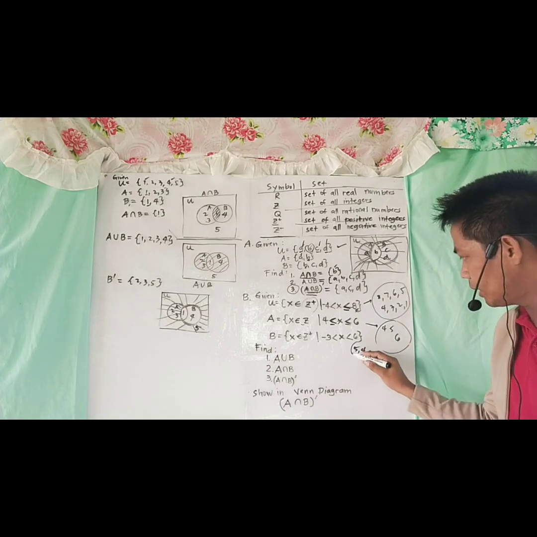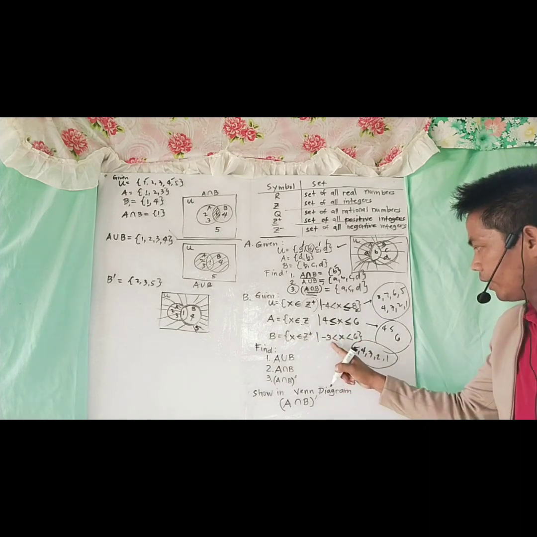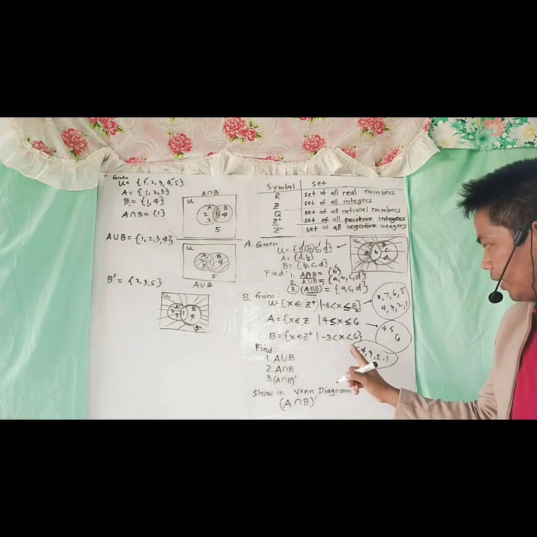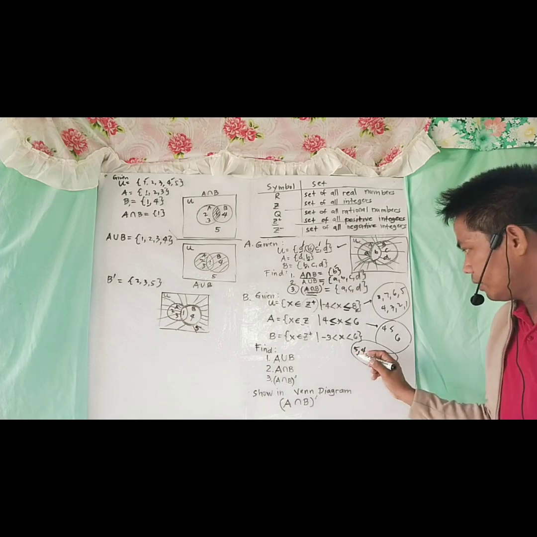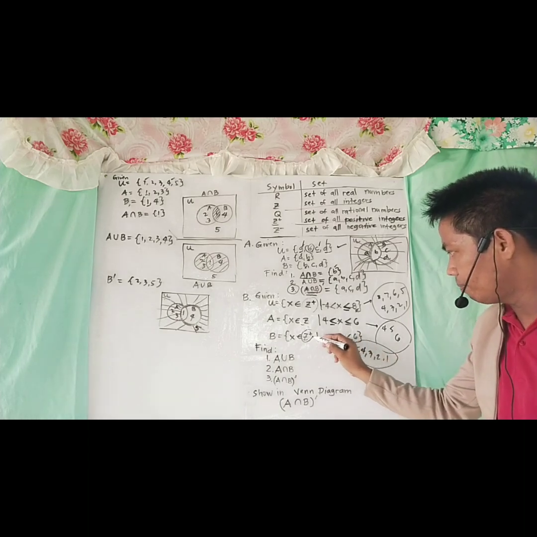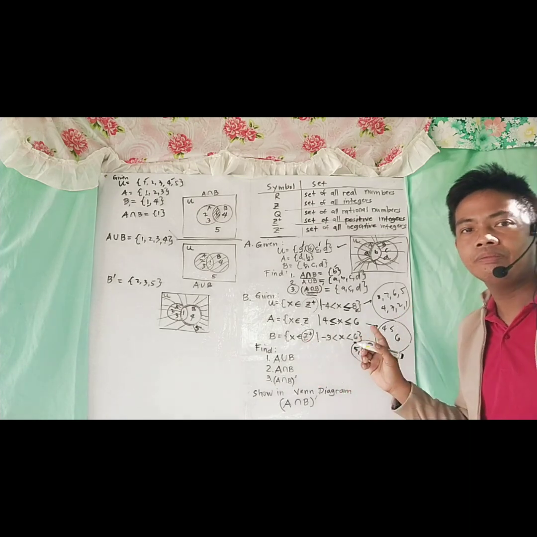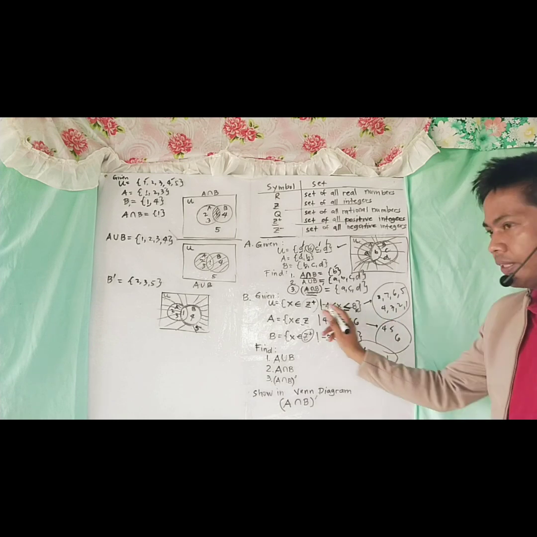These are the elements for set B. Negative 3, negative 2, even though negative 2 is less than 6, we have this symbol, positive integers. Select only the positive integers. So these are now the elements found in this given set.